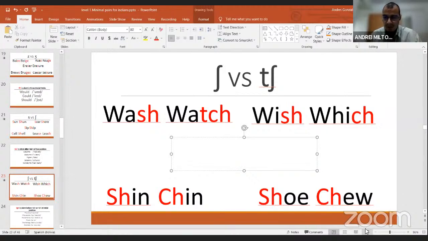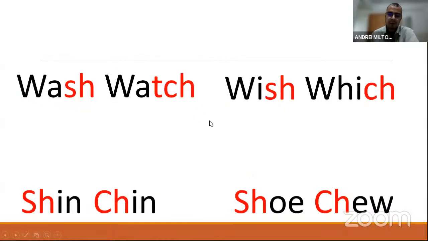By mistake, I just added that one. It's just these four. Okay, very good. So shin, chin, shoe, chew. It looks like I'm talking Chinese, right? Okay, so wash, watch, wish, right? So it's sh and ch.